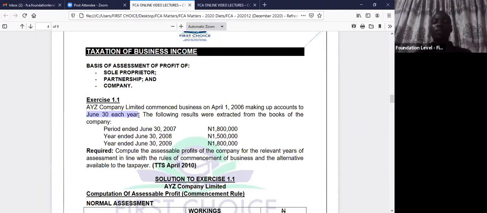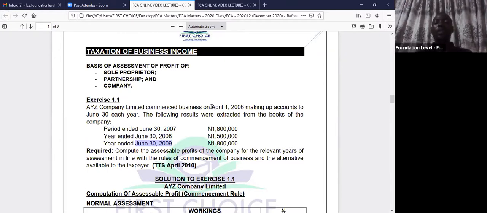Sometimes they will not tell you. And if they don't tell you, how do you know? Look at the account. Can you see that they are bringing it in June 30th every year? They brought one in June 30th, 27, another one in 28, another one in 29. That tells you these are the dates they make up their account.